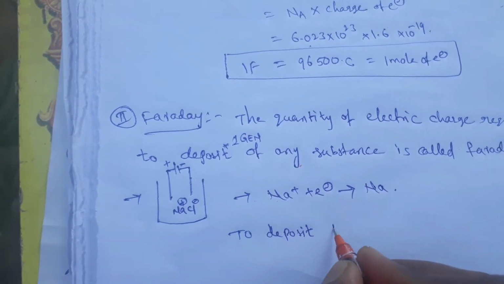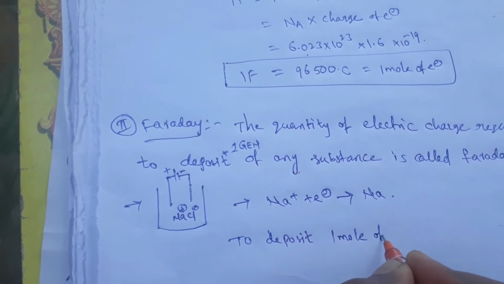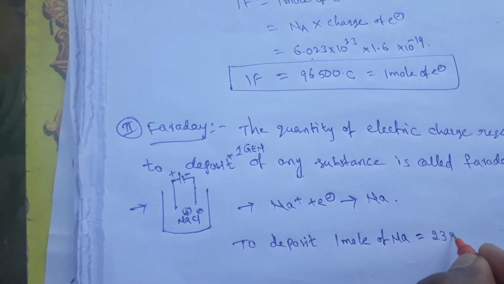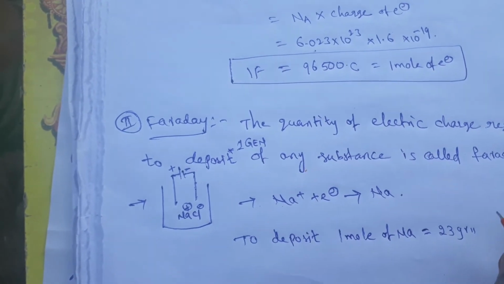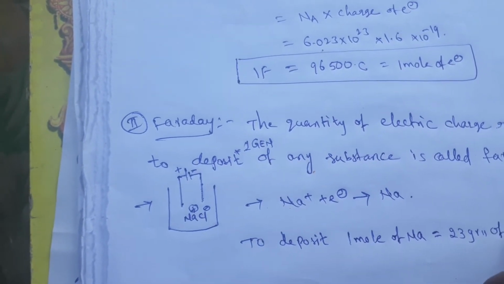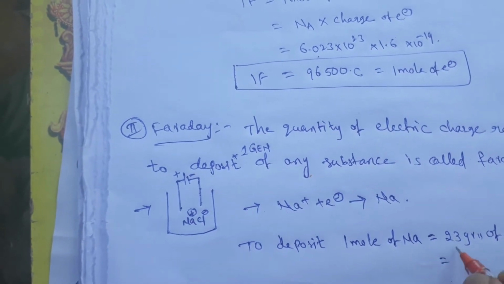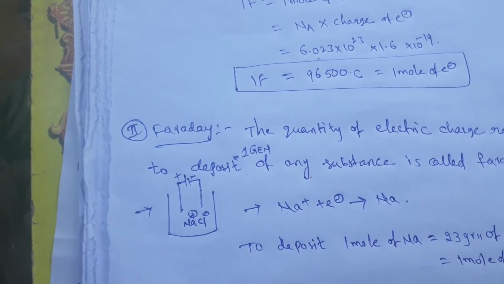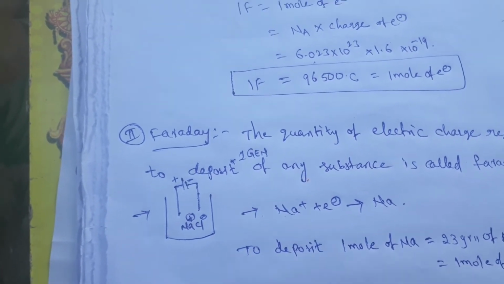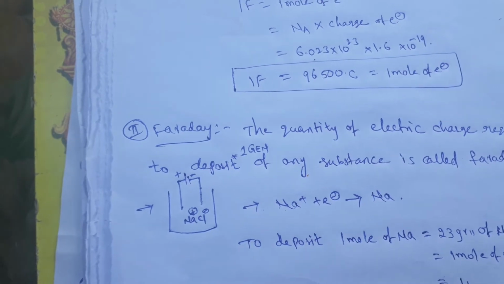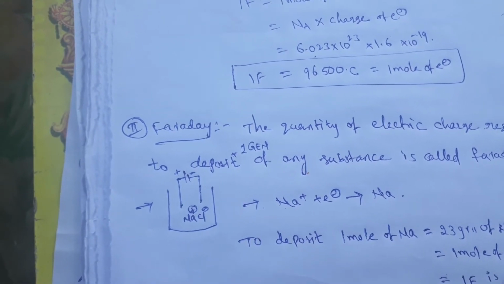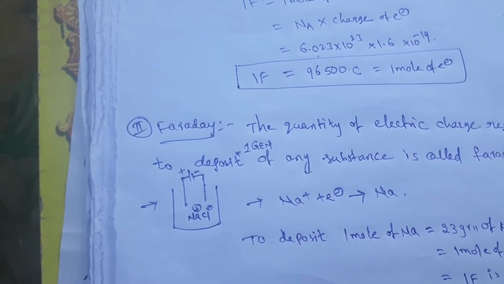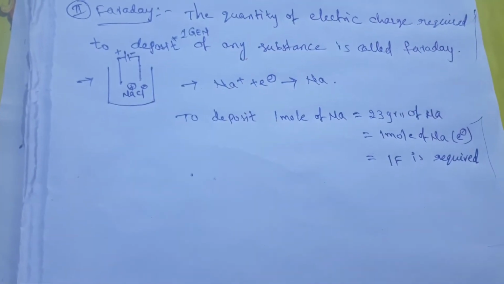So to deposit 1 mole of sodium, which is equal to the molecular weight of sodium, that is 23 grams of sodium, or 1 mole of electrons also we can say, 1 Faraday is required.